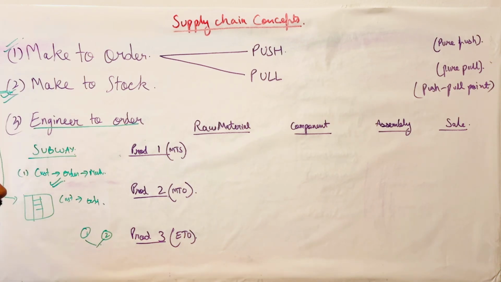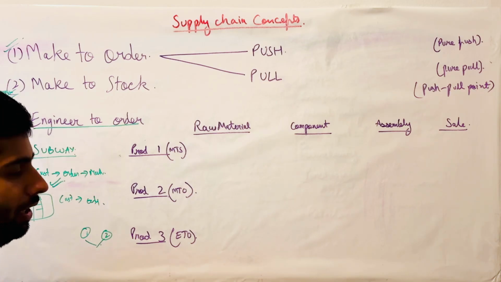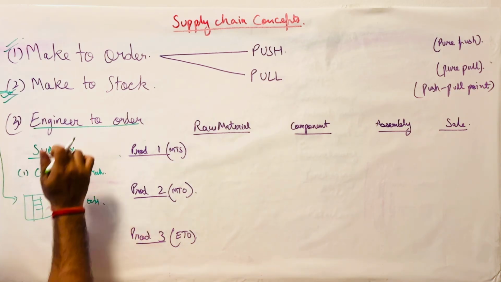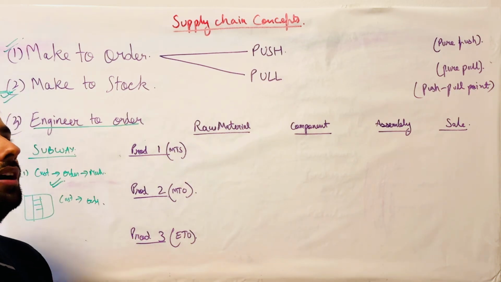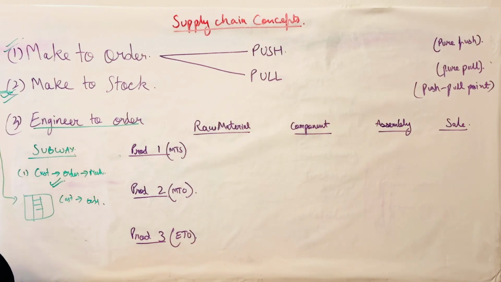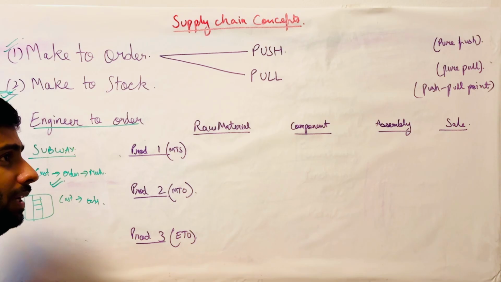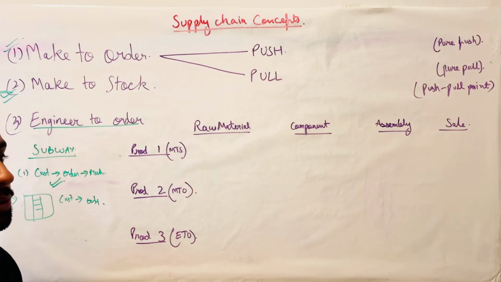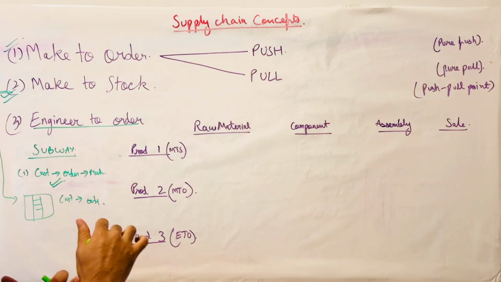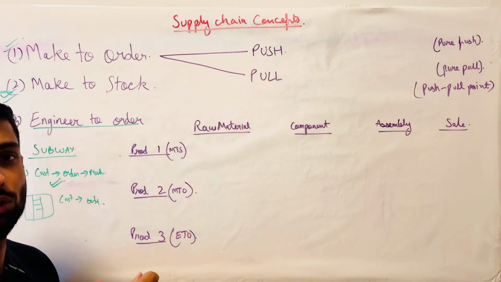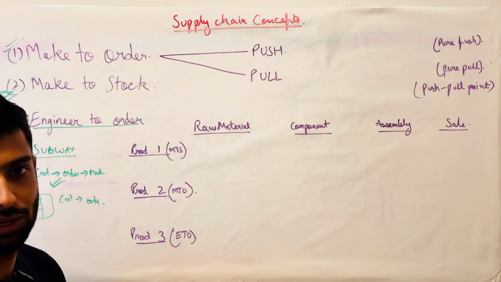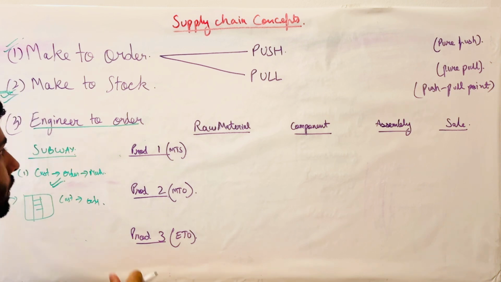And more or less in fancy places at least they agree to it, and that's called engineer to order. It means that it's a one of a kind of dish that they are trying to get, which may not be sold very often, which may not even be on the menu, or if it's on the menu, it's something that is rarely ordered. So in those cases, when a company or a retail store or a service provider is trying to meet the demand, they call it engineer to order.